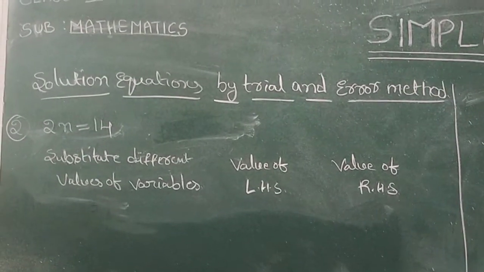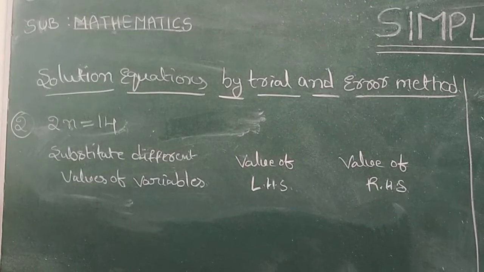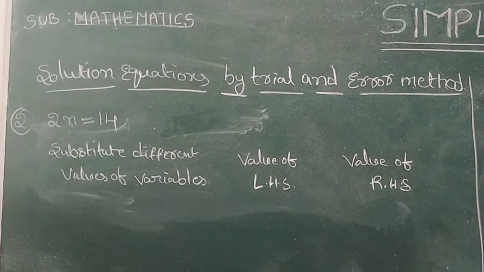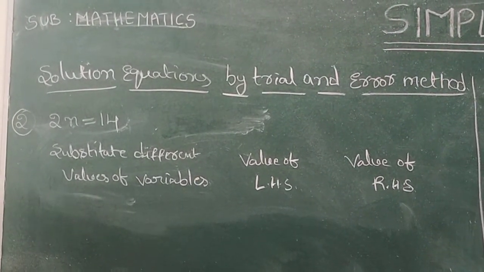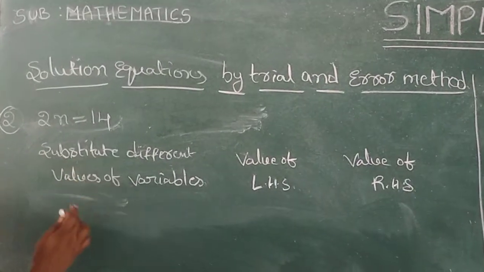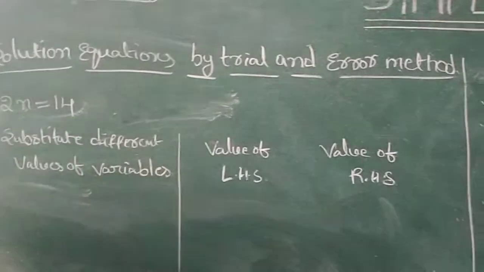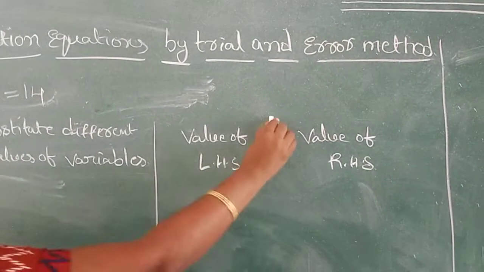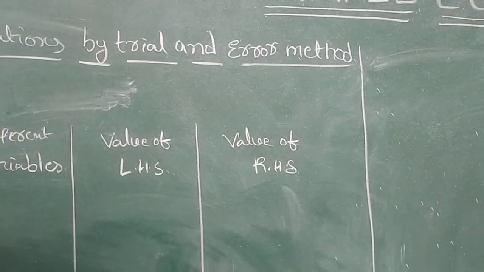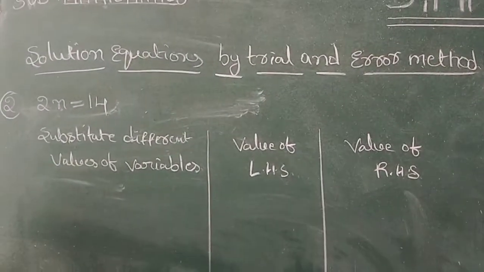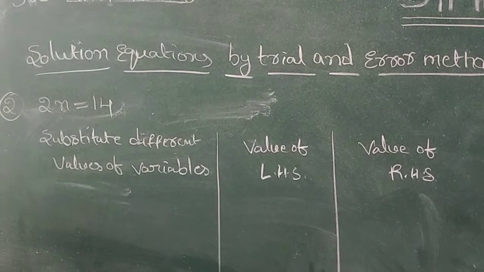Another example, 2n is equal to 14. We can find it by the trial and error method. Substitute different values of the variable and find the value of LHS and RHS.